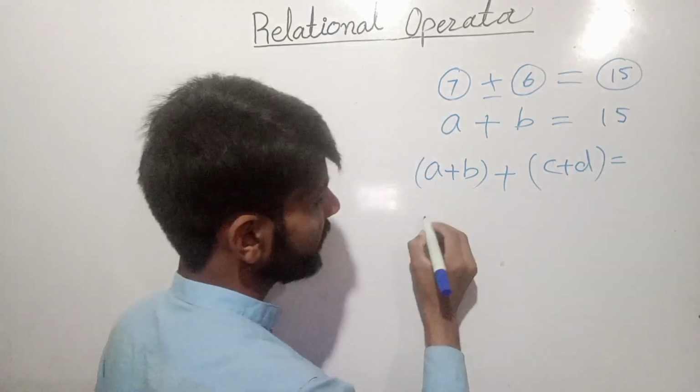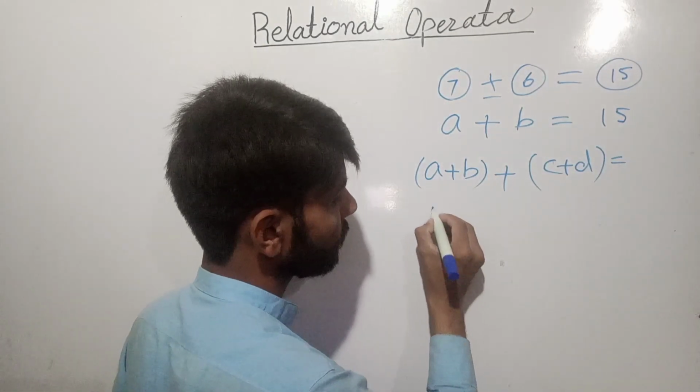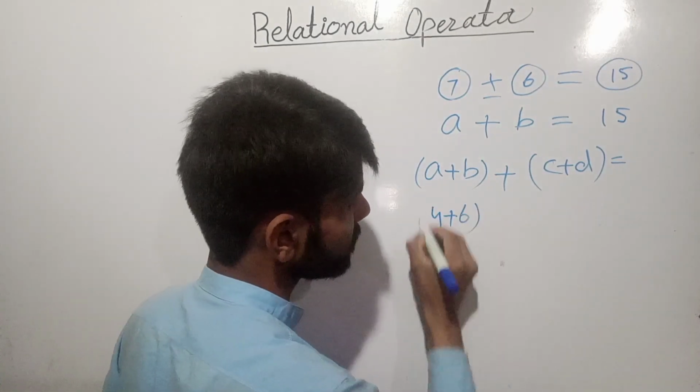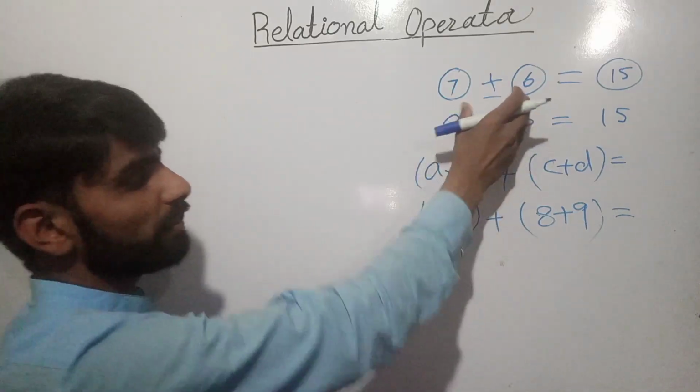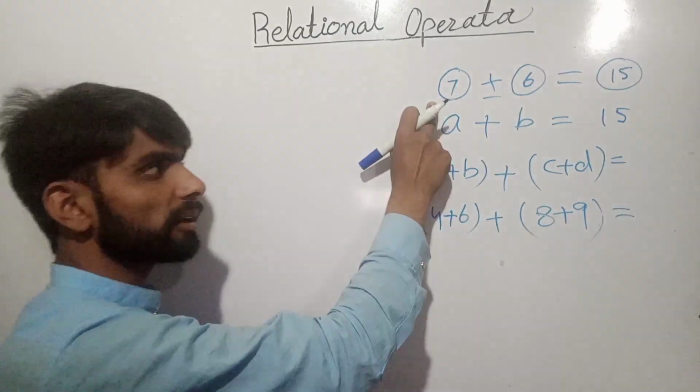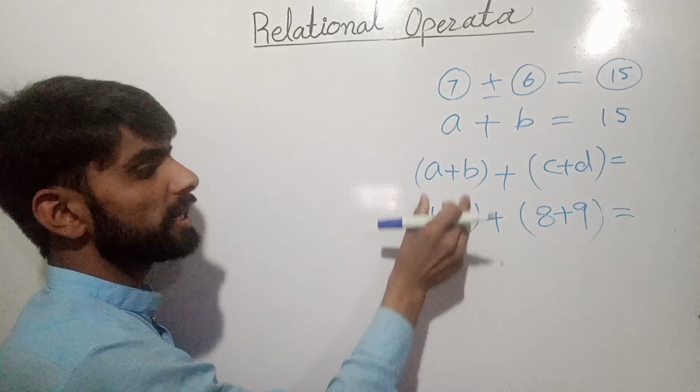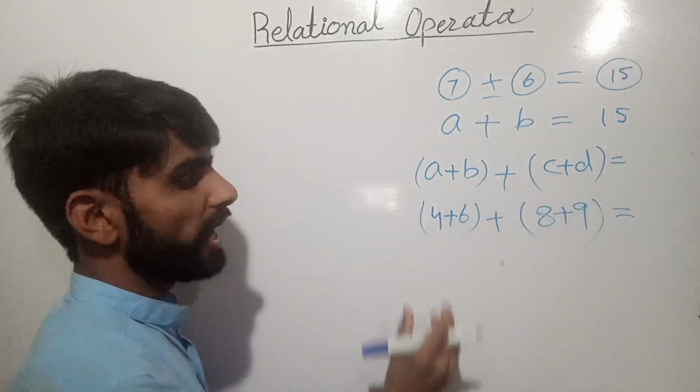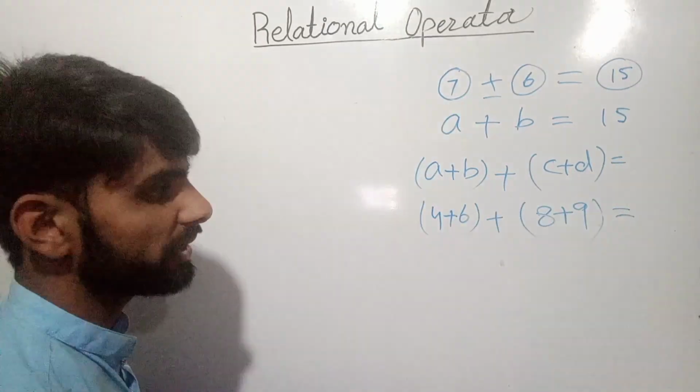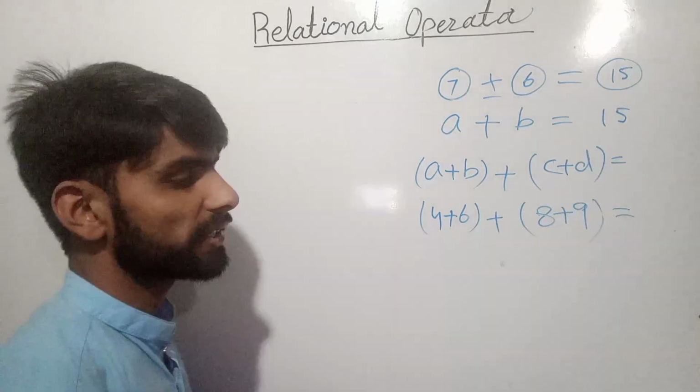So these operands may be a single constant value, a single variable, an expression of variables, or an expression of constants. And always we get a single result.